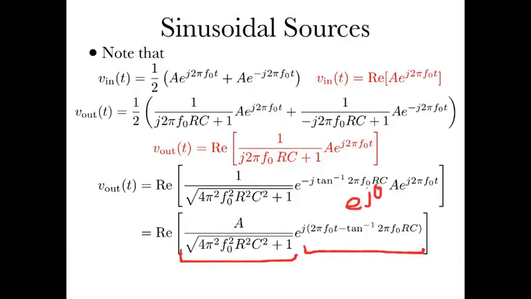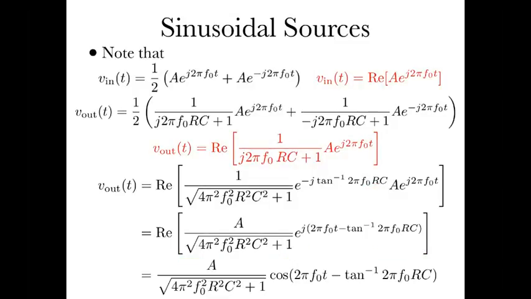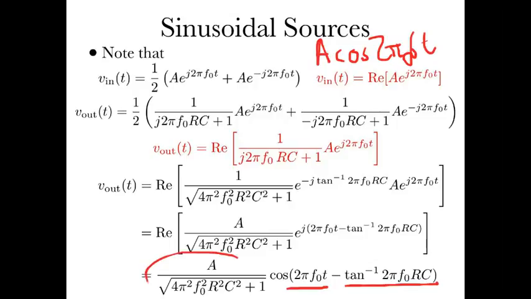And what's the real part of e to the j theta? That's just a cosine. So our answer is, when the source was a cosine 2 pi f naught t, the output is also a sine wave of the same frequency, but with a different phase and a different amplitude.